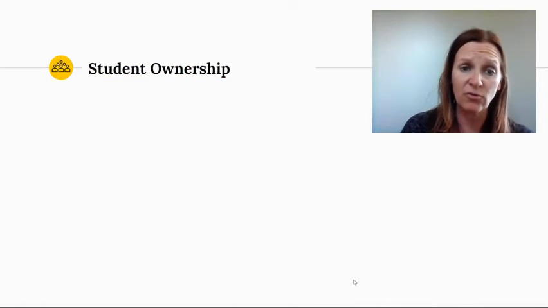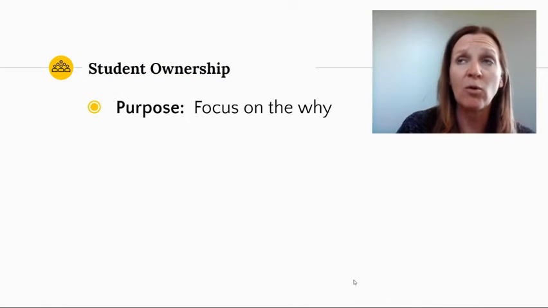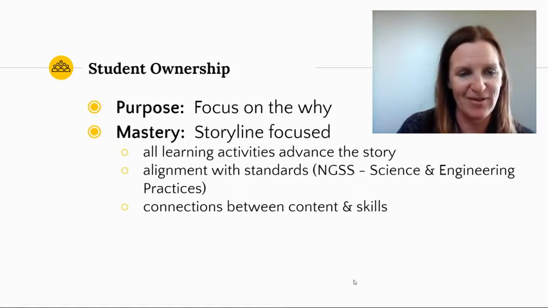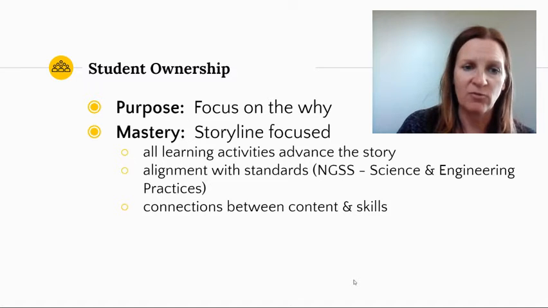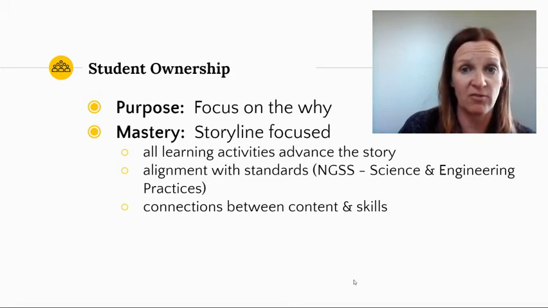I also think student ownership is really important in this process. So, again, we always have a purpose. There's always a reason why we do every single thing that we do in the classroom, virtual or face to face. We are mastery focused and we use the storyline to get there. So the kids are developing a story about something.